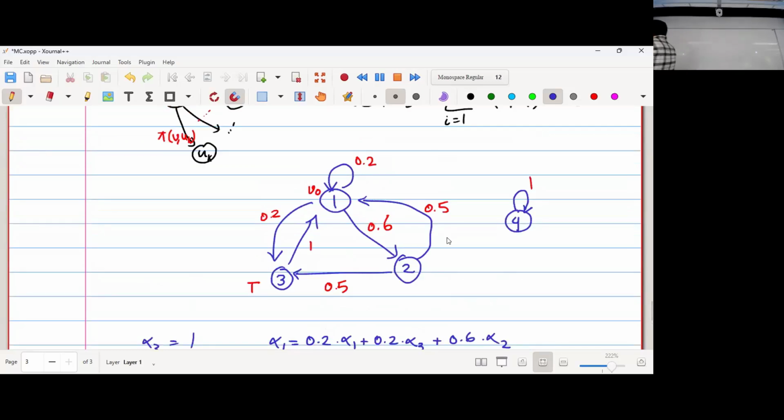So here's the thing. Before writing these equations, what I can do is just run a simple graph reachability analysis and say that if I have a vertex that doesn't have any path to my target vertices, then set the alpha value for that vertex to 0.